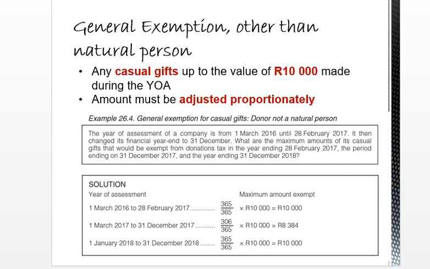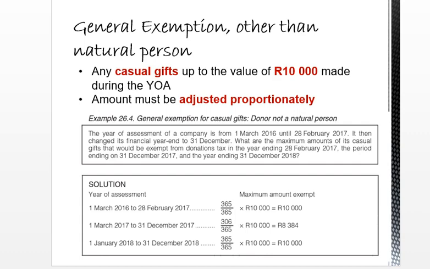And then this amount has to be adjusted proportionally. So if we look at an example, the year of assessment of a company is from the 1st of March 2016 until the 28th of February 2017. It then changed its financial year end to 31 December, in this case 2017.